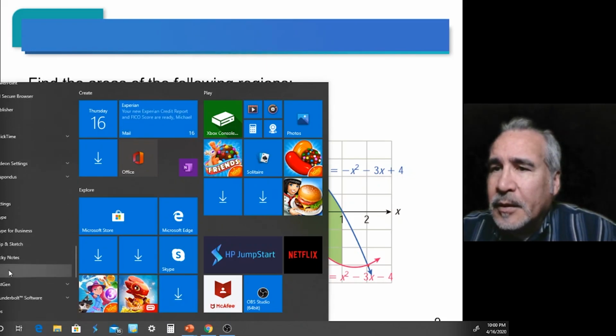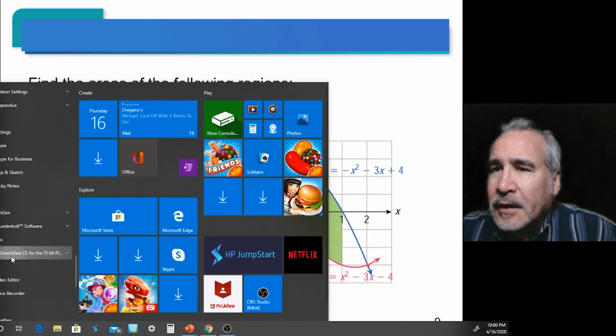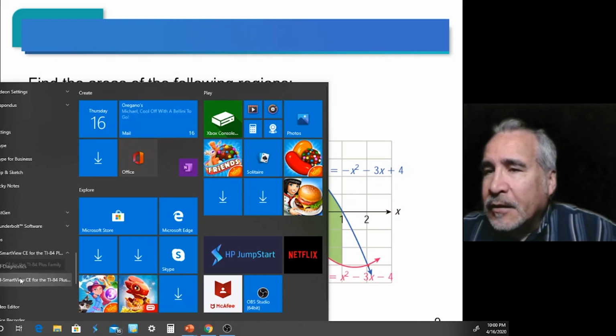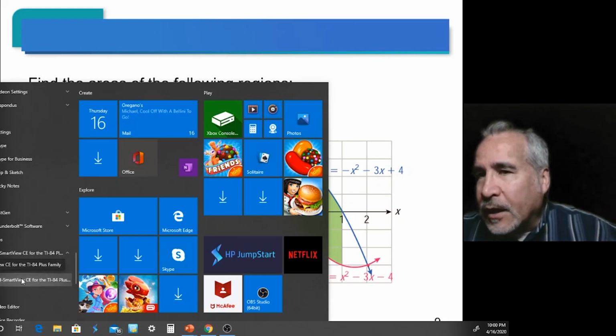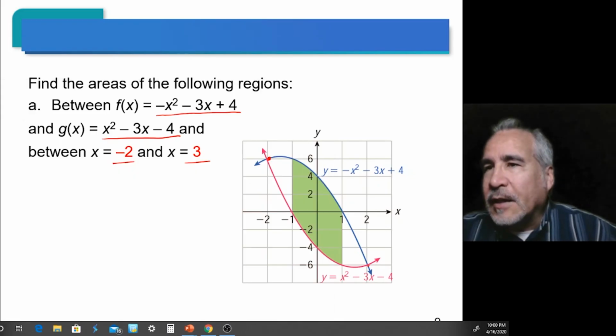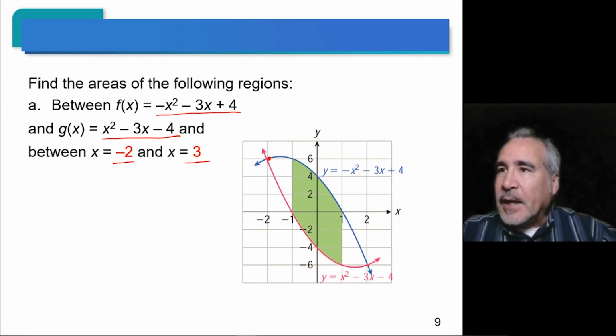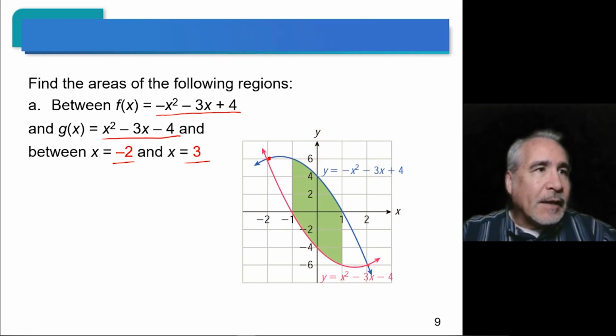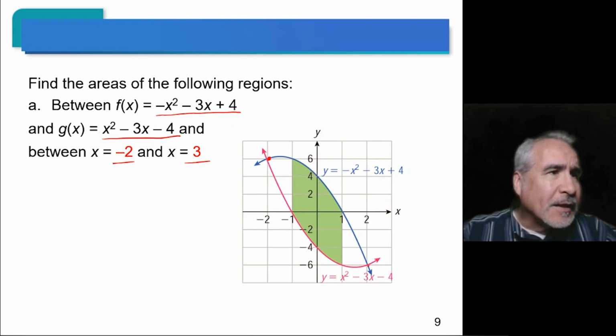TI, I think is what it's called. Yeah, Smart View. And again, this is a, you get a 90-day trial, and I think I've got 7 days left, and then I'm going to have to pay for it, but I'll do that. I've had it before. I think I've told you that. Yeah, 7 days left.